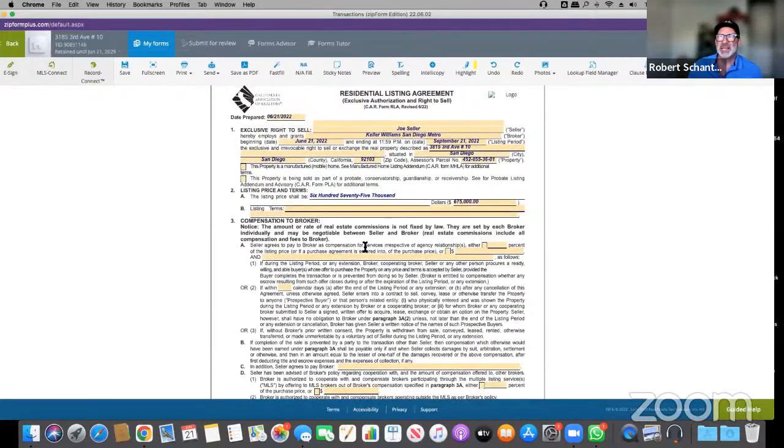But it could basically be anything that would be a term like no showings on Wednesday, or only showings between the hours of 10 to 4, Monday through Friday. Those could be listing terms that the seller and you agree to in advance. Okay.